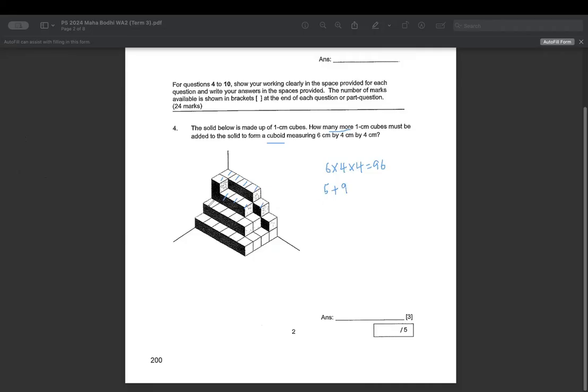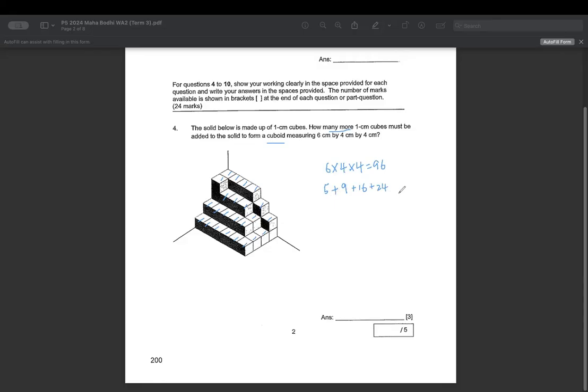And then the third layer has 9 and all these extra, so it will be 10, 11, 12, 13, 14, 15, 16. The third layer has 16. And then the fourth layer at the bottom has 16 and all these extra here, so it'll be 17, 18, 19, 20, 21, 22, 23, 24. So the fourth layer has 24.